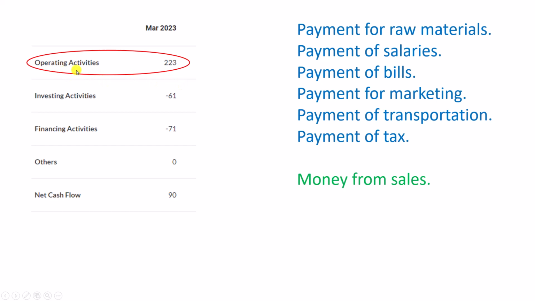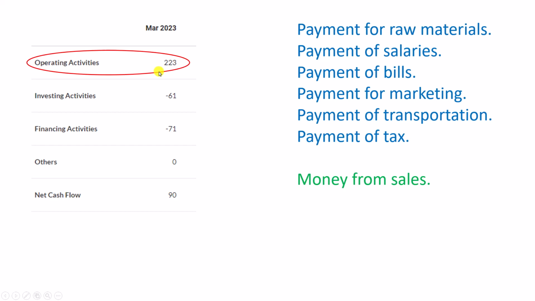Starting with operating activities. Operating activities is 223 crore rupees. This is the amount generated from core business activities of the company. For example, this is the cash flow statement of Escorts Kubota, and they manufacture and sell tractors.